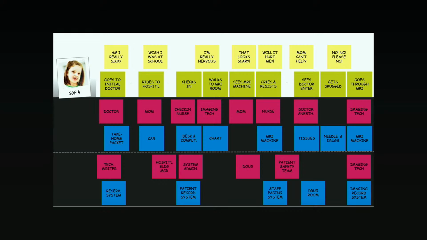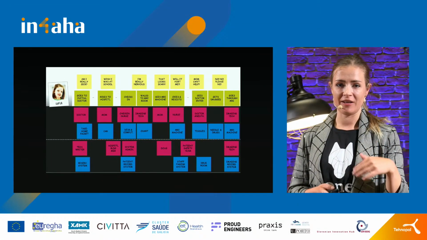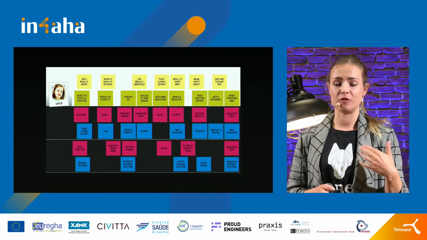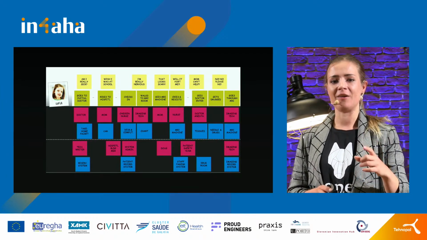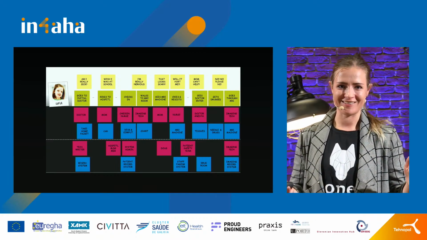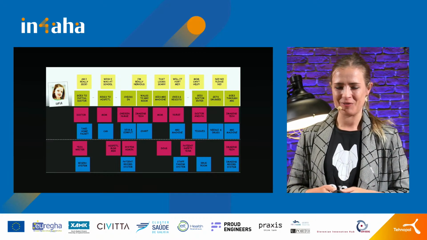On top, we have emotions, questions that Sophie is asking of herself. And underneath, we have two layers. If you remember what I was saying about the real users, in this case we have the people Sophie is interacting with in each of those action steps, and then later on, those side characters, the cats in the background, if you will.